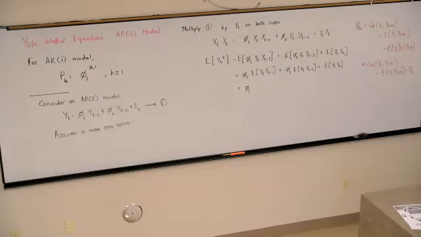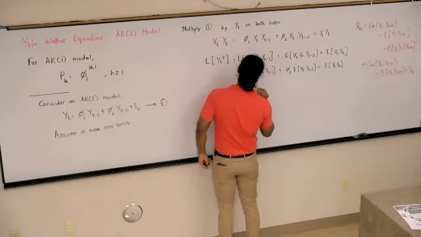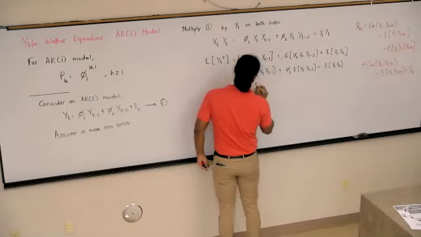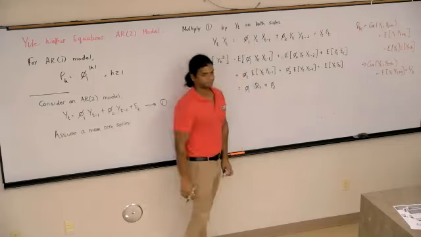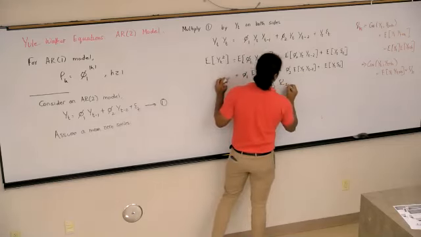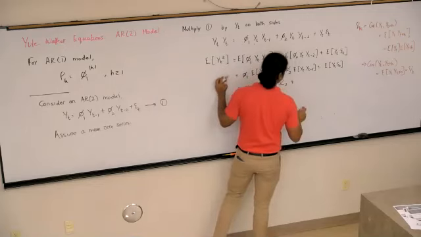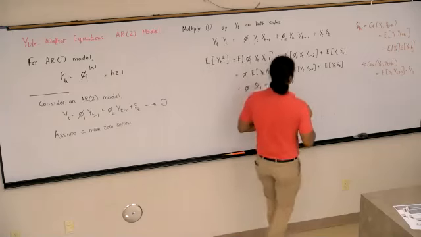Gamma negative 1. What about that term? Gamma negative 2. The last one, it would come down to the variance.